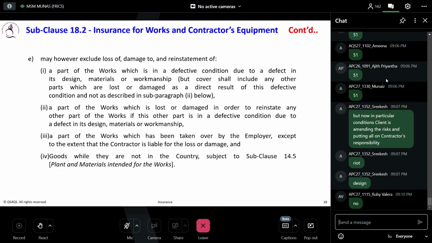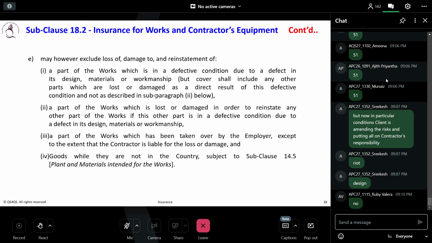But damage that happened by your design, now design fault, who should take care? Material, that's your problem, right? You bring the material and it gets damaged, and you can't come for an insurance claim. You must choose the right material. Or workmanship, you did poor workmanship, and that poor workmanship was rejected. You can't come under the insurance claim. Do you understand what I'm saying here?